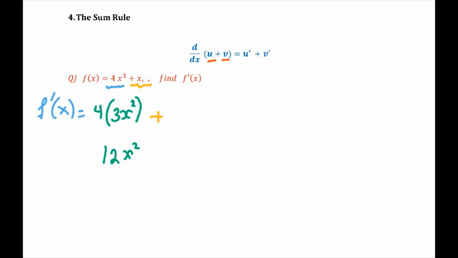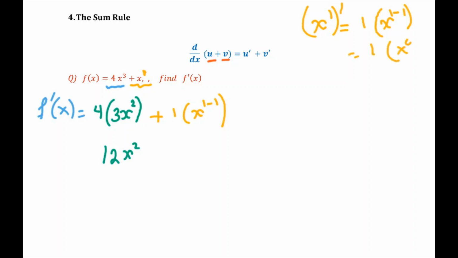The derivative of x, the power is 1, right? So it's x to the power of 1. So the derivative is 1 multiplied by x to the power of 1 minus 1, that's 1 times x to the power of 0. And x to the power of 0 is 1. 1 multiplied by 1 is 1, so plus 1.